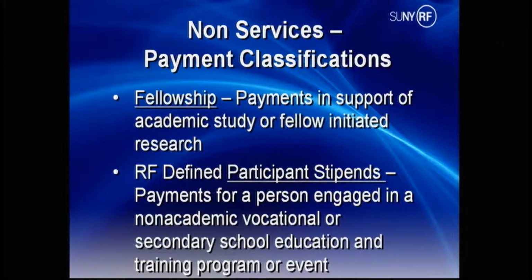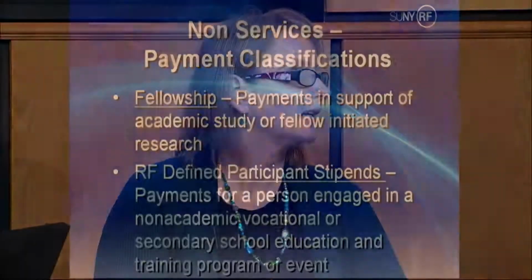And it is in support of research at a higher ed university. Participant stipends, or honestly, I prefer participant support. It's really a payment for a non-academic or a vocational secondary school education training program or event, and more for participating in that event.